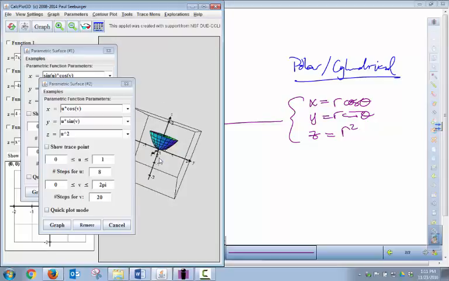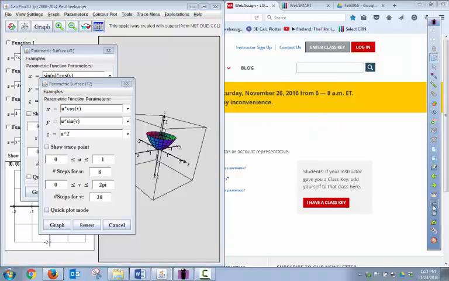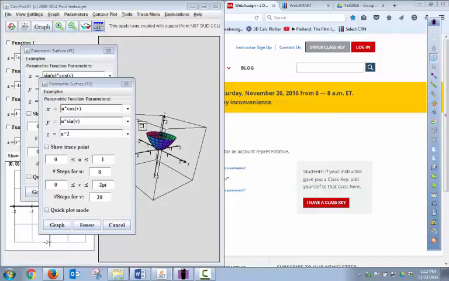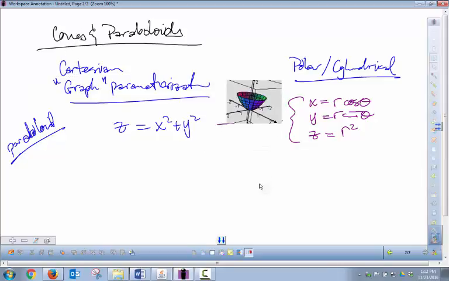So, depending on what your limits are, that's how you can draw your parabola. By the way, if you want to go sideways, in some cases you might, just switch the x or the y.